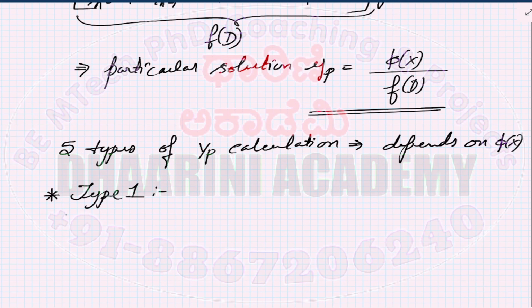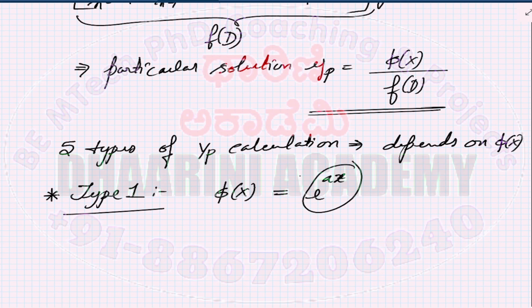type 1. So type 1 is nothing but the phi of x, whatever phi of x is present over there, it will be of the following type. It is going to be e to the power ax. In the sense, if you have a differential equation, on the right hand side I'll see e to the ax. So 4 d square y by dx square plus 3 dy by dx plus 8y is equal to e to the power 4x.